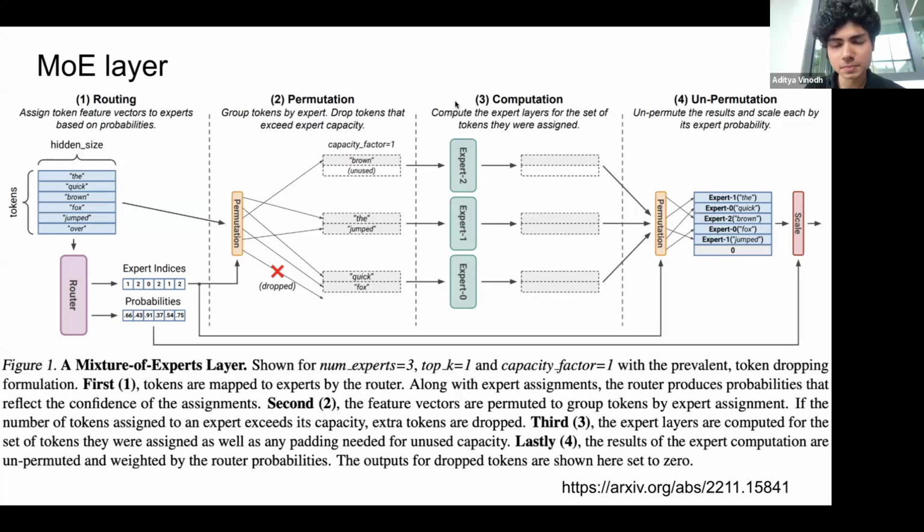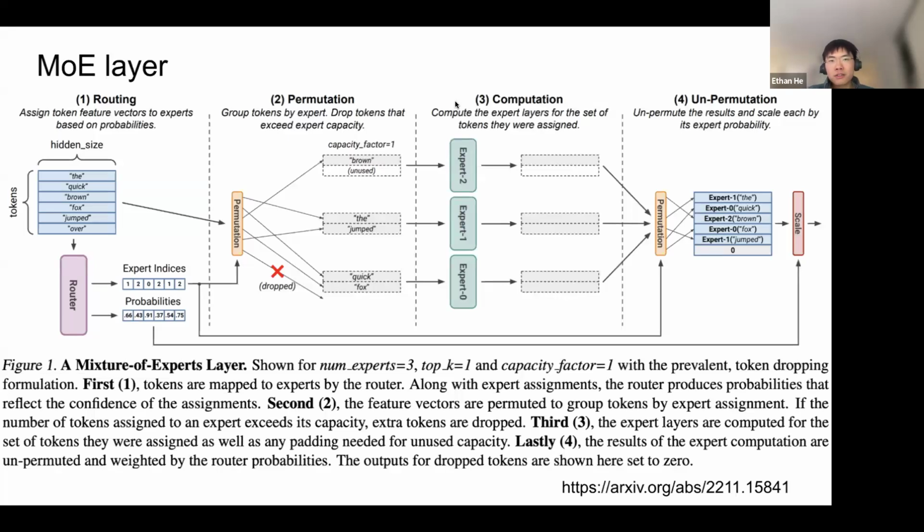But I think another thing pretty exciting is expert choice. In the expert choice model, the selection is reversed. Here we talk about LLMs. Usually this is token choice, which means the token selects K experts. So each token always has, for example, 2 experts applied on it.